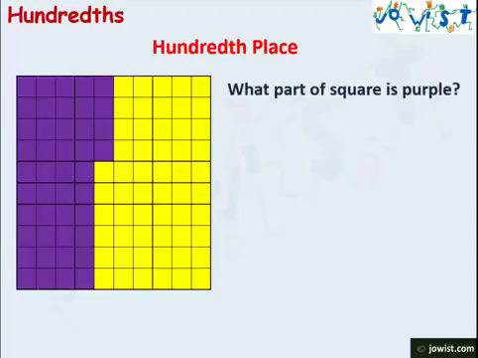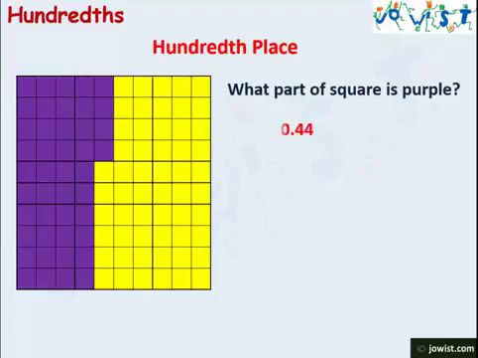What part of square is purple? Out of 100 squares, 44 squares are shaded purple. It means 44 upon 100 squares are purple.